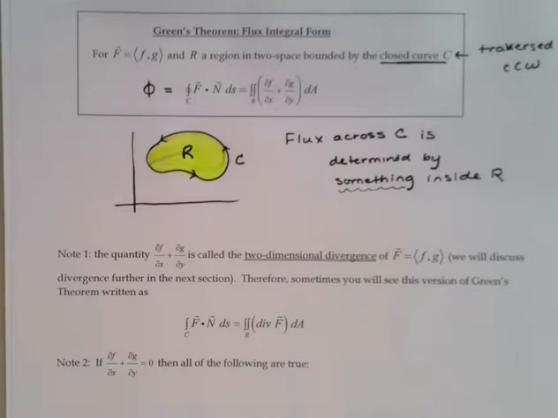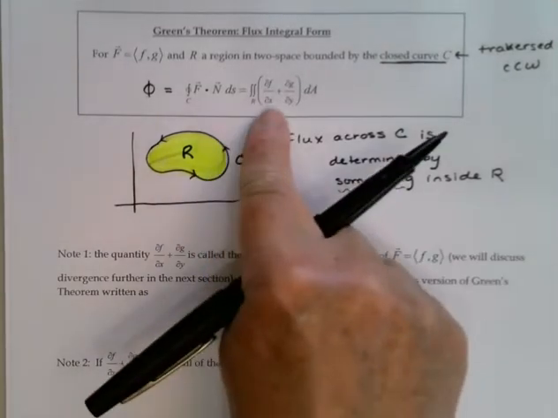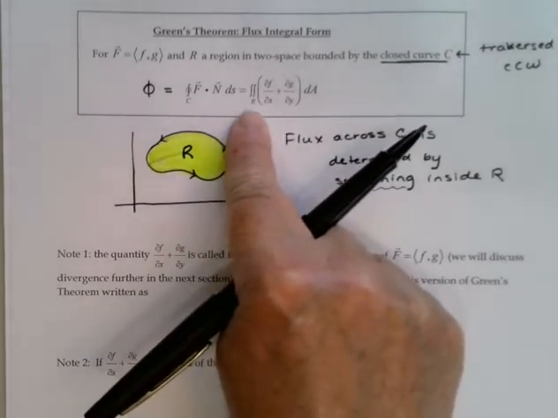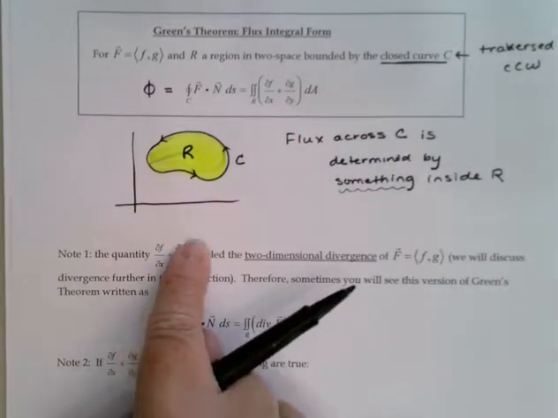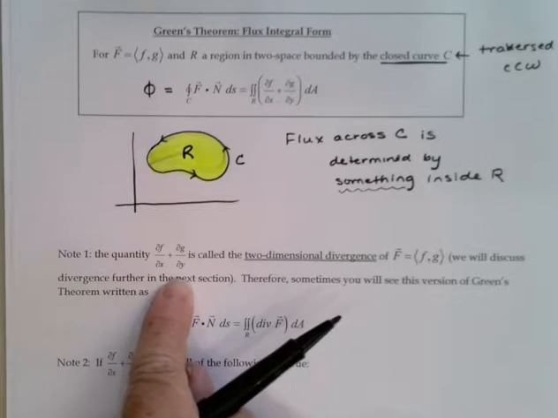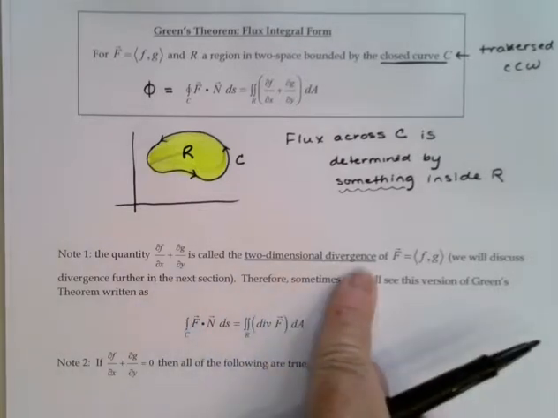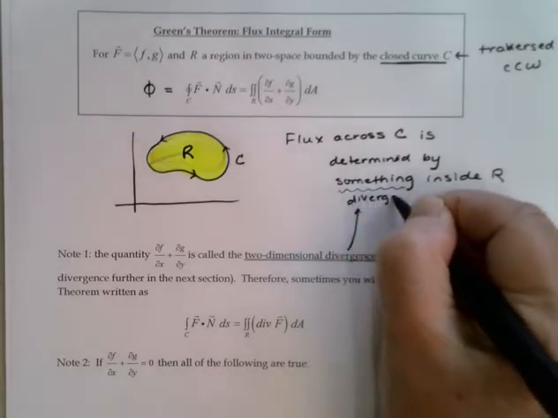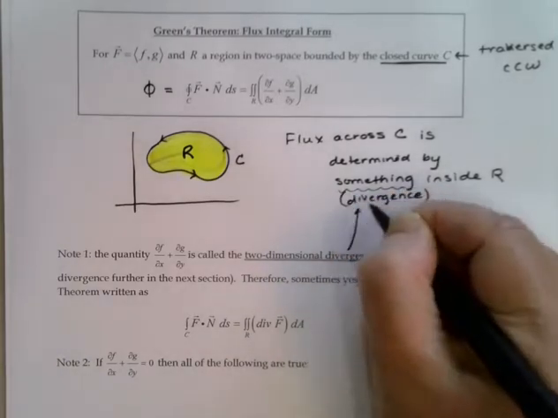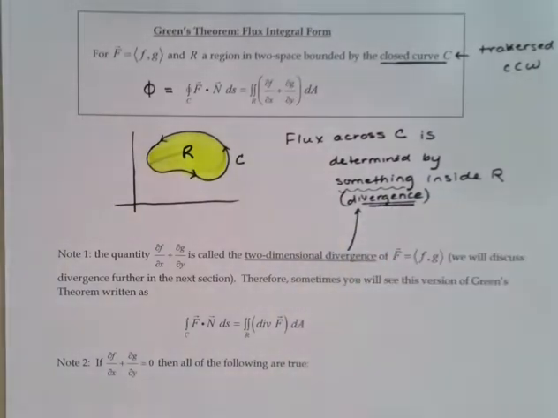All right, in order to talk about what that something is, let's look at what we're integrating over the region R. This f sub x plus g sub y. This thing, again, we give it a name. This is called the two-dimensional divergence of f. And again, we'll discuss the whole idea of divergence along with curl a bit more in the next section.